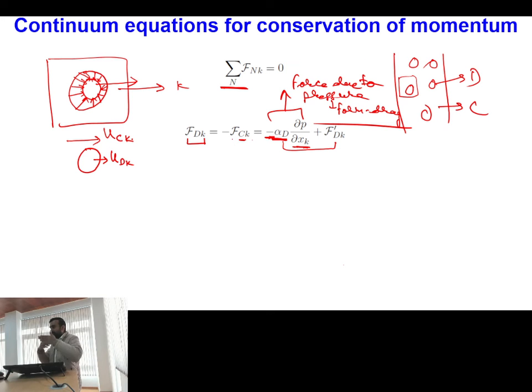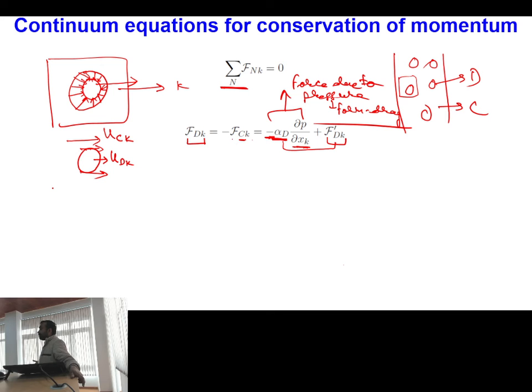Because of the difference of velocity, there will be some interfacial shear, and whatever forces come because of the interfacial shear will be the other component. That other component I have accounted for in F dash K.